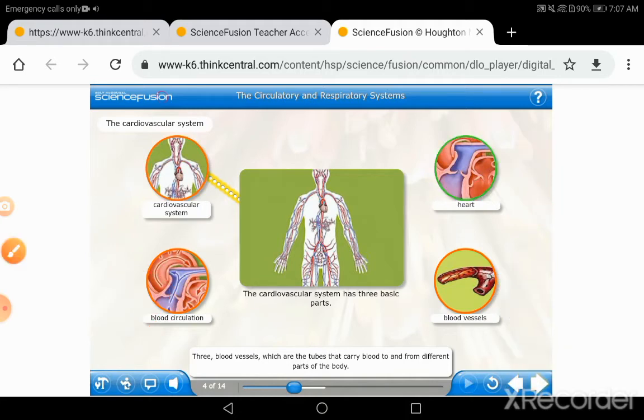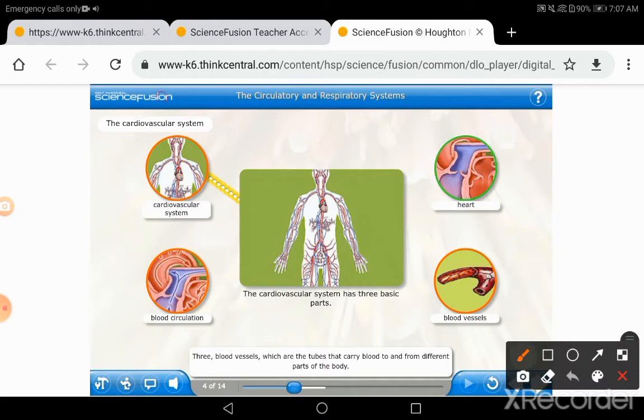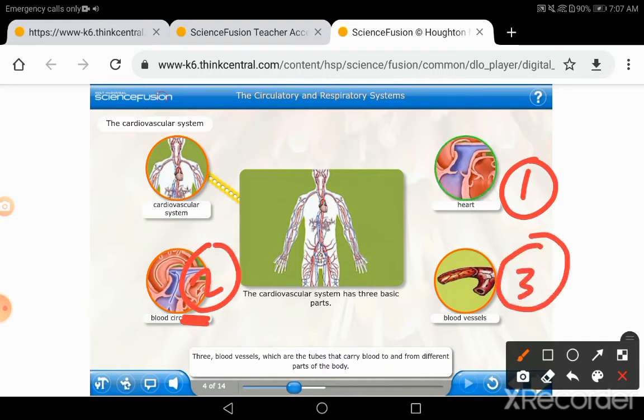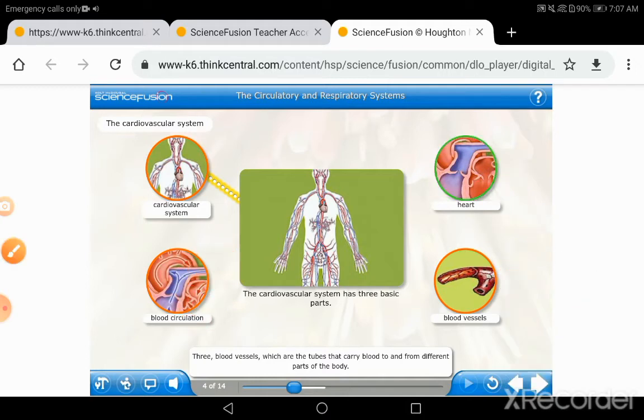So the cardiovascular system has 3 basic parts: number 1, the heart, number 2, blood, and number 3, blood vessels. And as we mentioned before, blood vessels have 3 types. We will see them during this slide.